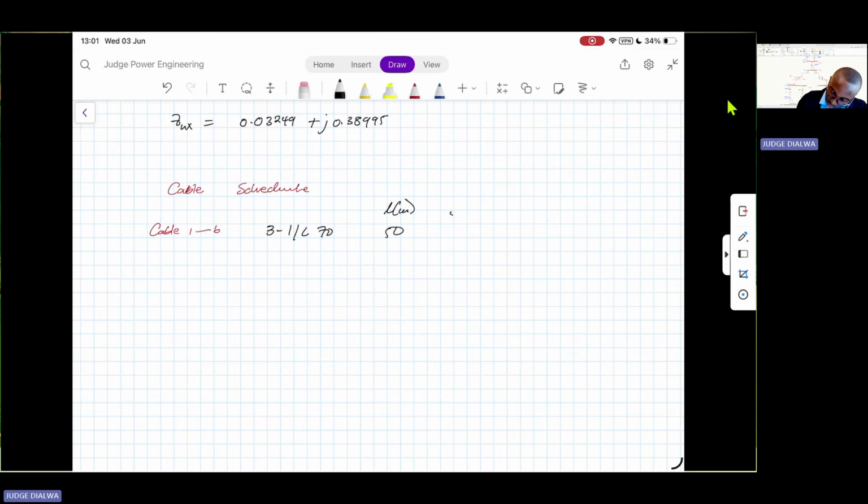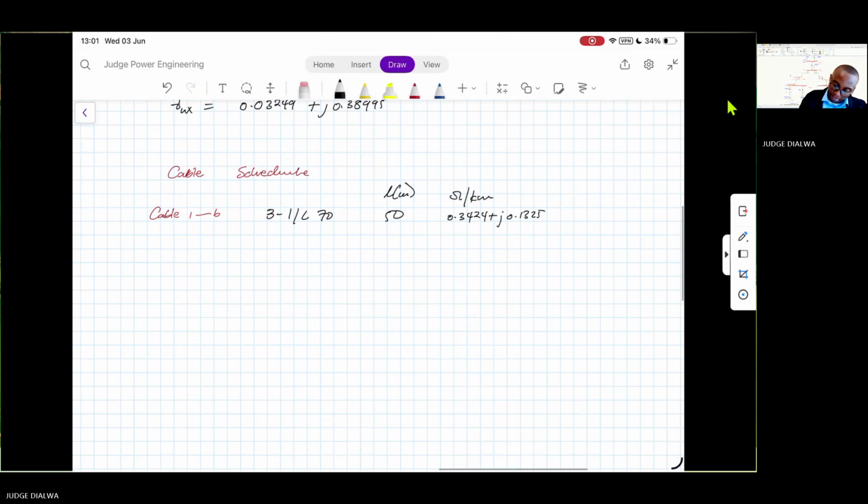And then you have the ohm per kilometer, which is 0.3424 plus j 0.1325. For cables 7 and 8, they are also 3 single core cables with size 70, but the length is 20 meters and the same ohm per kilometer.